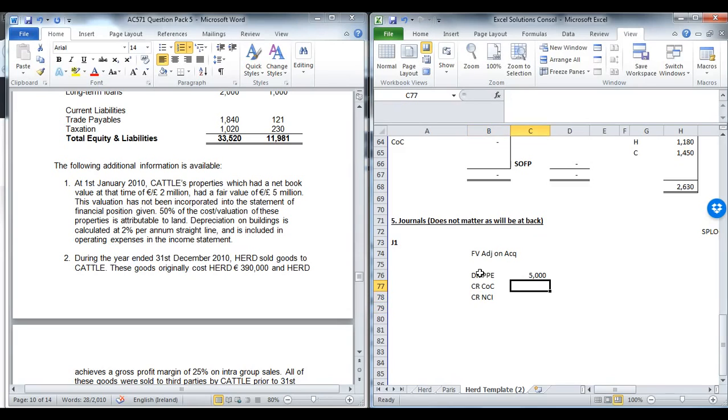So all we're doing here is recognizing the initial fair value adjustment before we do the goodwill calc. So that gets 60% and the NCI gets 40%. So reference that journal 1. Sorry, it should be 3 million. My mistake. Because the 5 million is the fair value, but the difference, the 3 million, is the fair value adjustment.